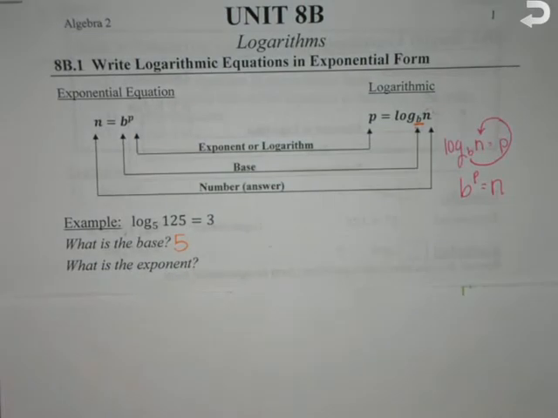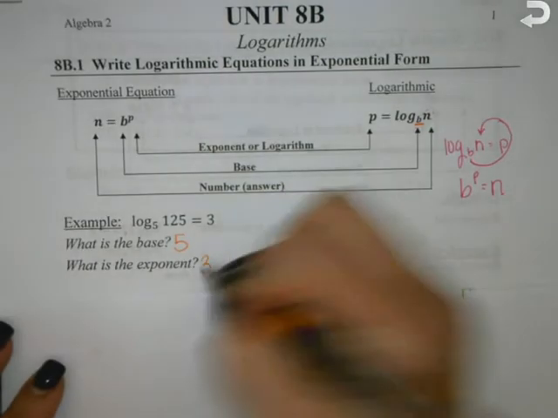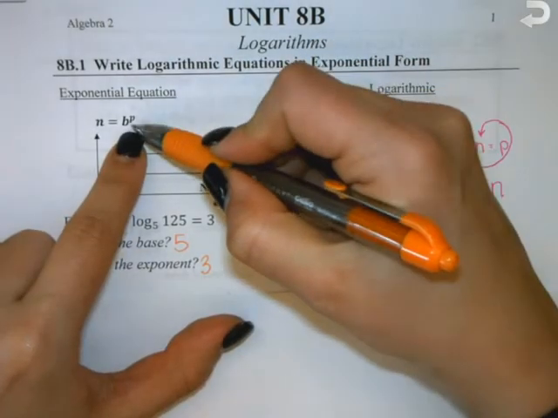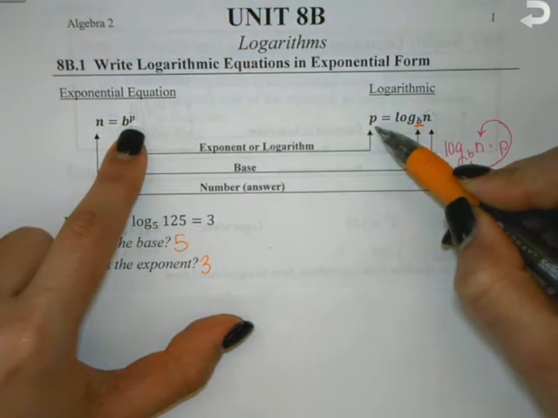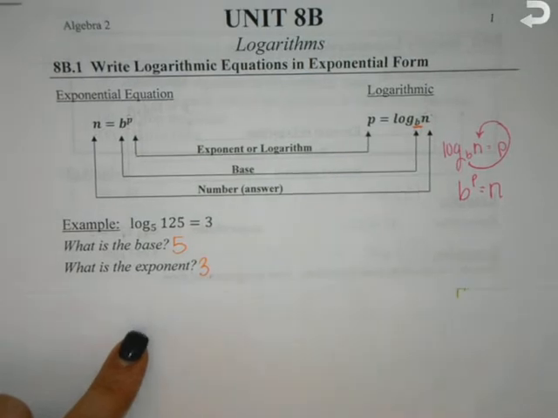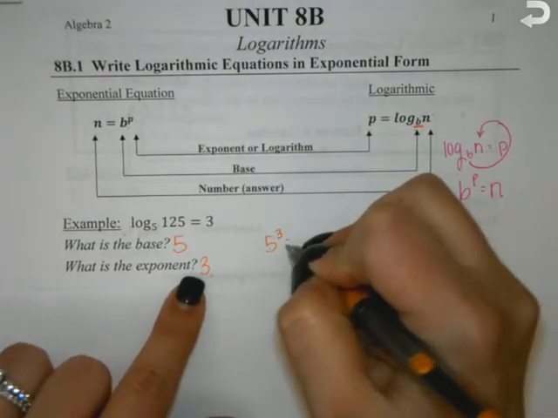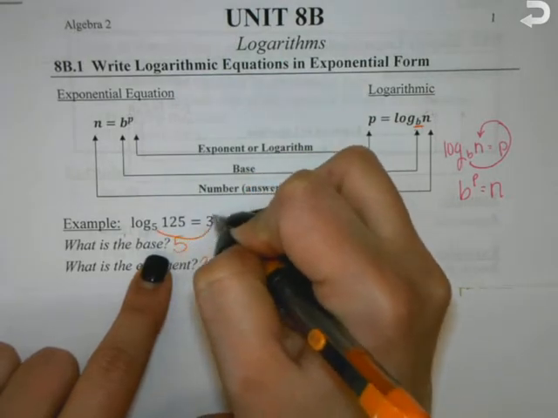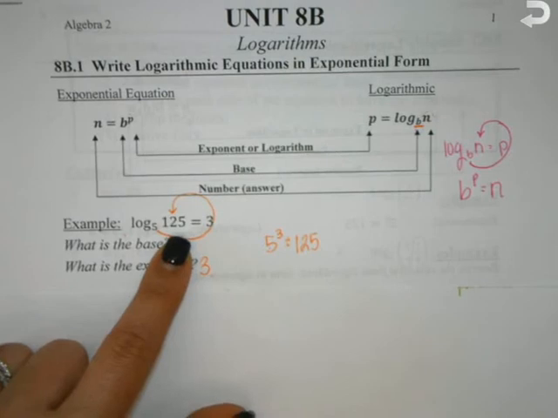Now what is the exponent? In an exponential equation, your exponent is what we set the whole thing equal to in the log. So in this problem, your exponent is 3. If your base is 5 and your exponent is 3, 5 to the third equals 125. Is that a true statement?